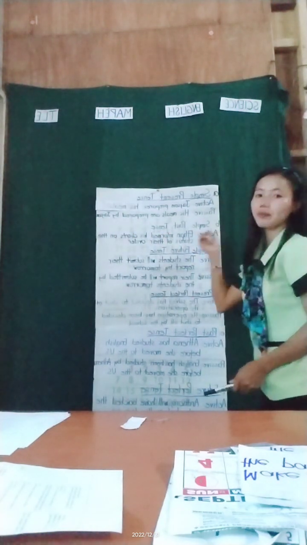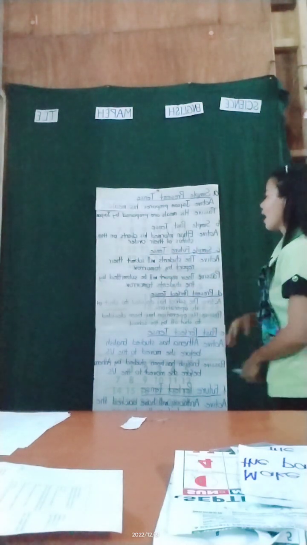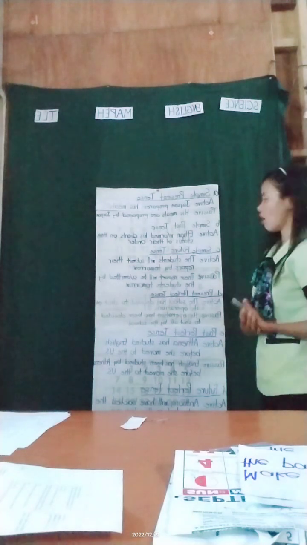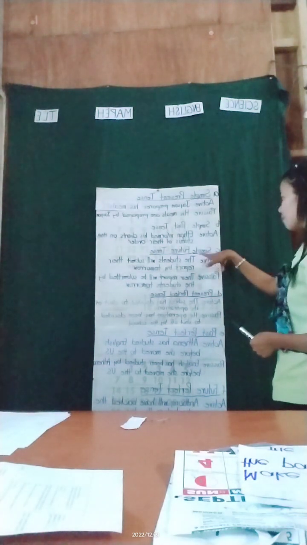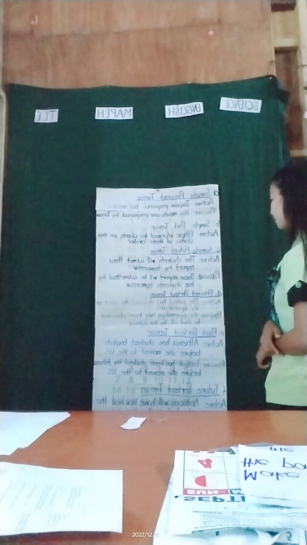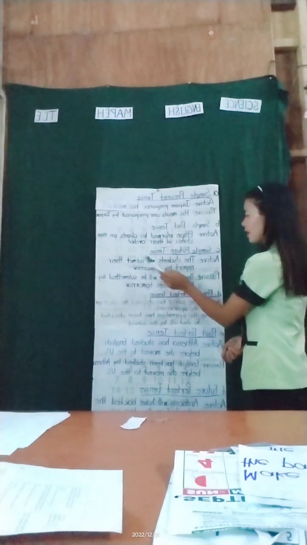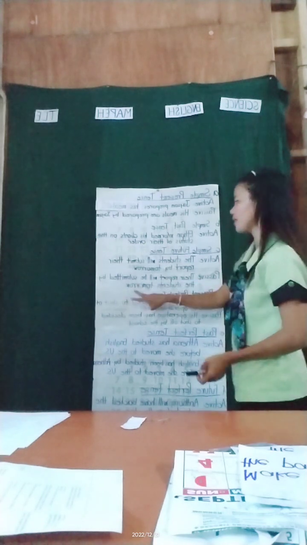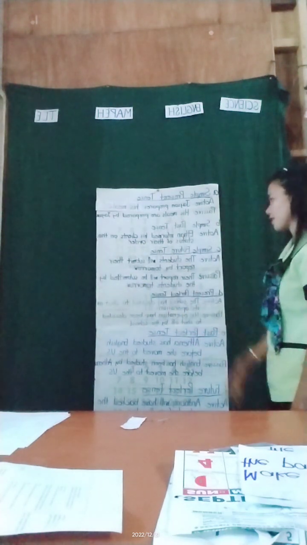B, simple past tense: Ethan informed his clients on the status of their order. C, simple future tense: The students will submit the report by tomorrow, and the passive, the report will be submitted by the students tomorrow.